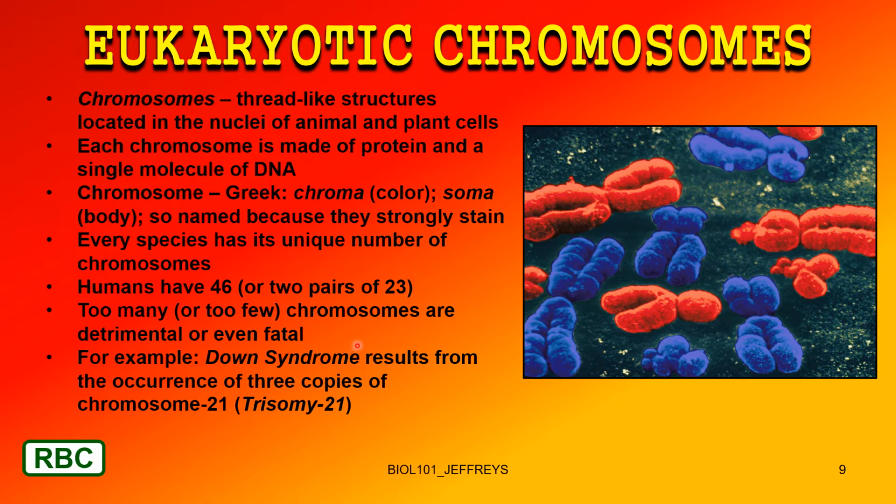If an organism has too many or too few chromosomes for that particular organism, so in other words, if humans, instead of 46, have 47, then that causes problems. Or if we have 44, then that causes problems. Generally the problems are fatal, but for example in the case of Down syndrome, Down syndrome results from 3 copies of chromosome 21.